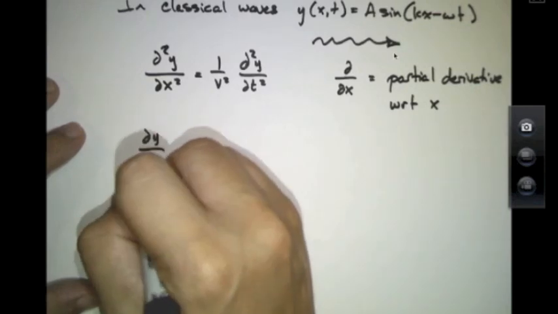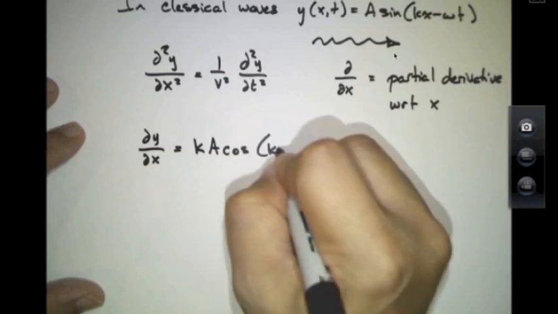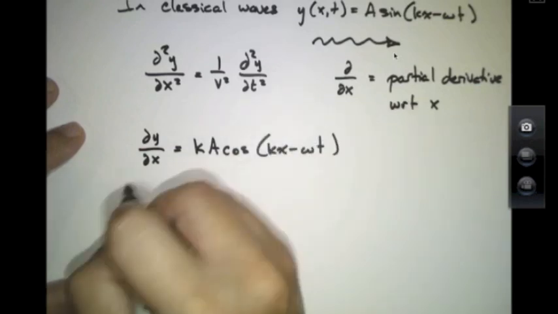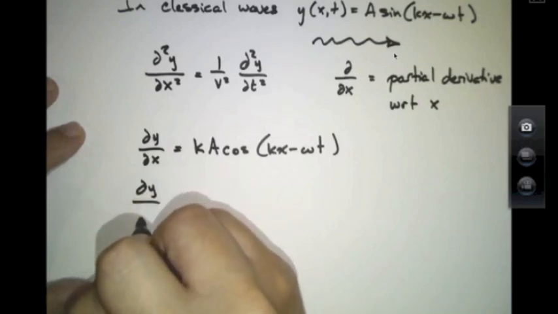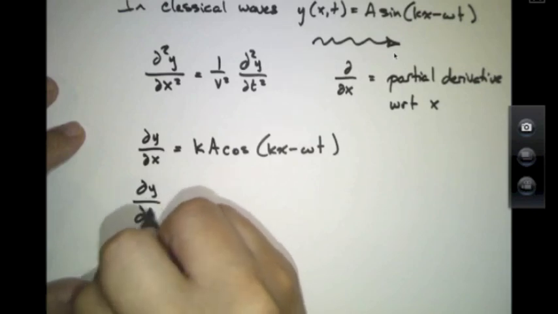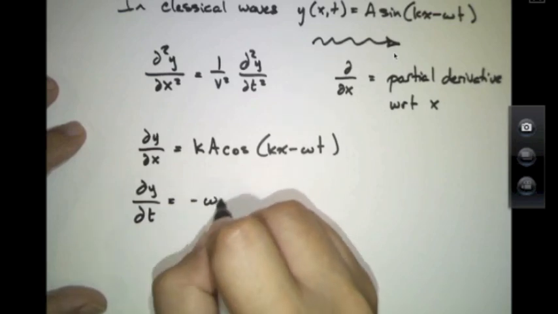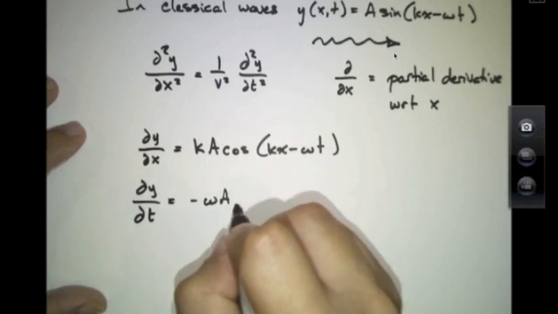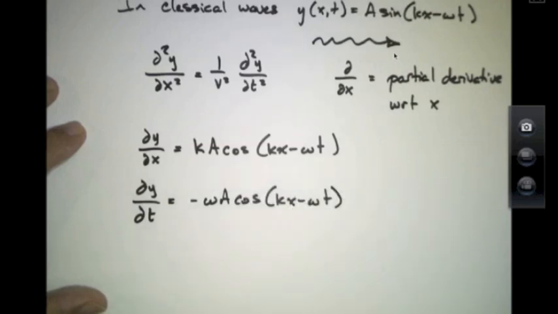The first partial derivative of y with respect to x is just ka cosine(kx minus omega t). The second partial derivative... Receiving the first partial derivative with respect to time gives me minus omega a cosine(kx minus omega t).